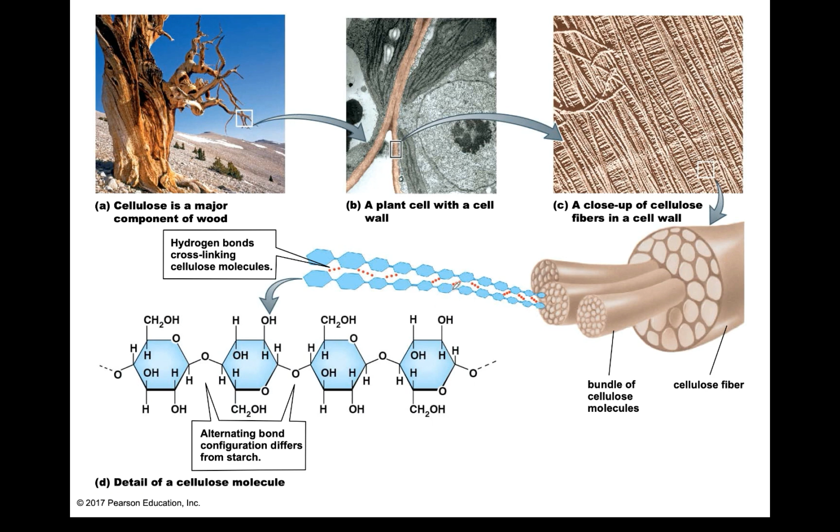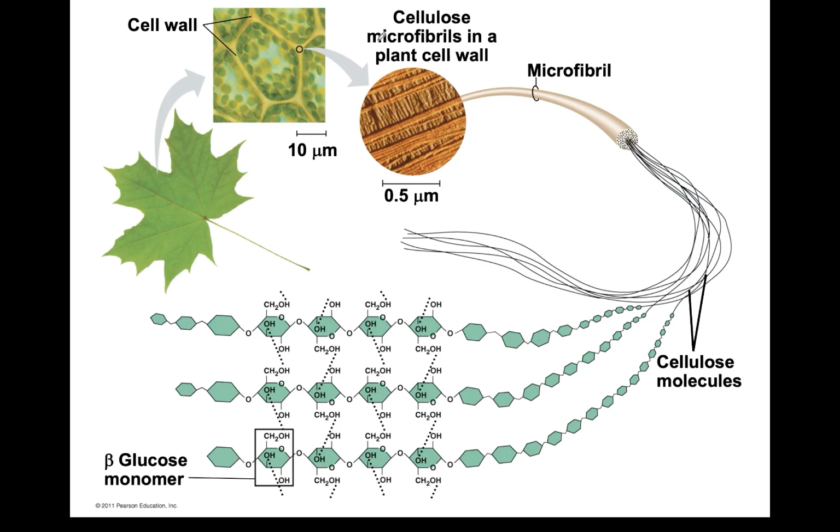A lot of hydrogen bond cross-linking occurs throughout the cellulose molecules, but each unit is a monosaccharide. Looking at a cellulose microfibril in a plant cell wall, you can see many cellulose molecules, and each cellulose molecule is also made up of glucose monomers.